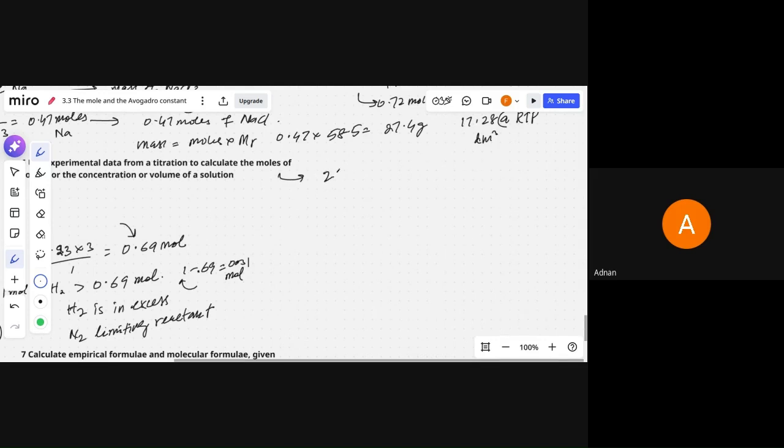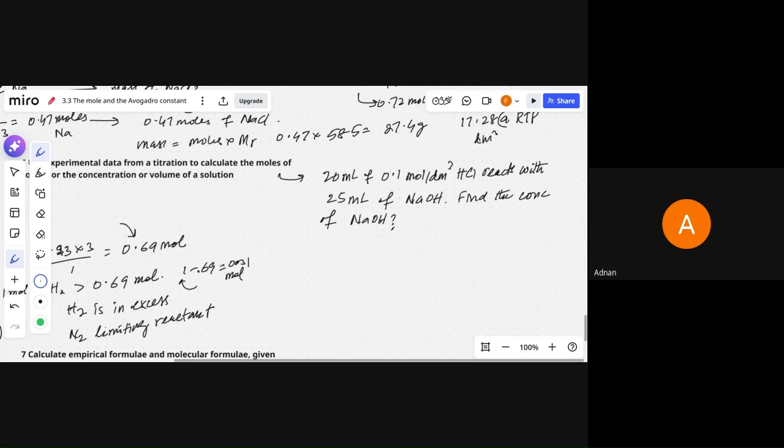Let's say 20 milliliters of 0.1 mole per dm cube HCl reacts with 25 milliliters, or centimeters cube, because these are the same units, of NaOH, sodium hydroxide. Find the concentration of sodium hydroxide.